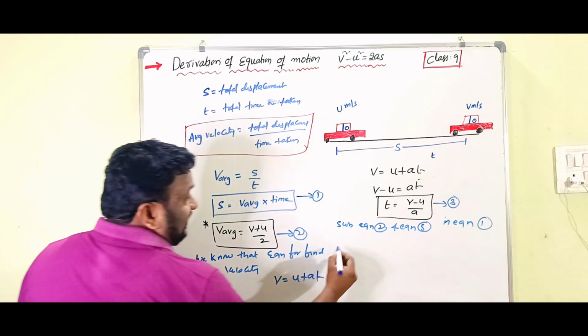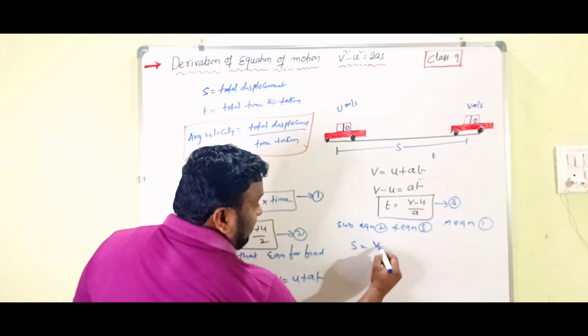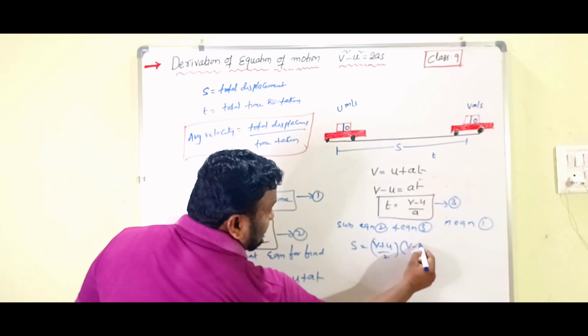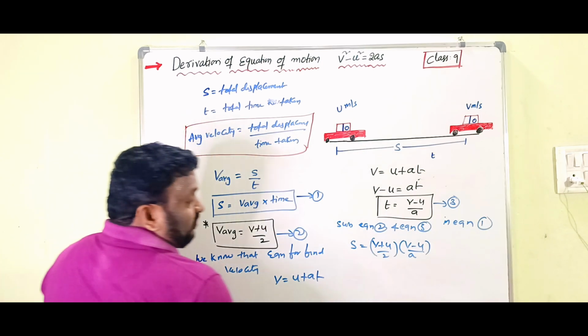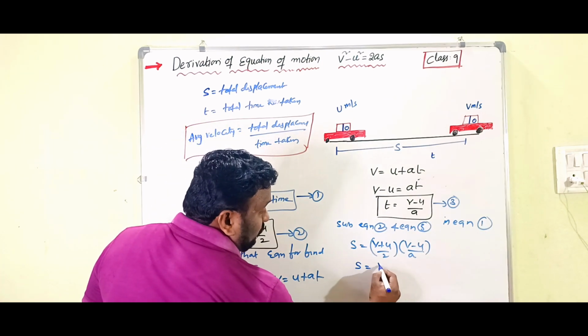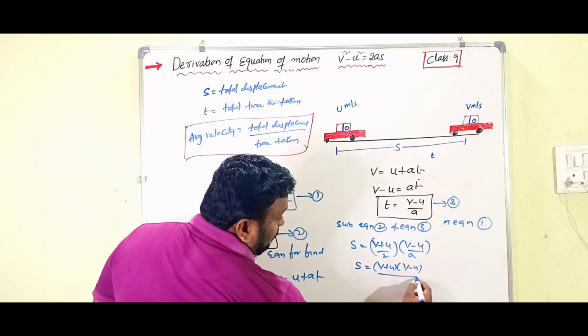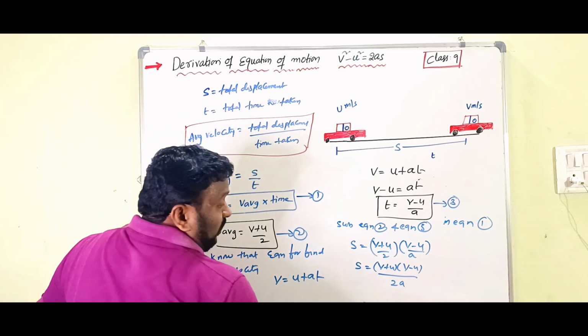What is it, children? s is equal to v average, which is v plus u by 2, into t, which is v minus u by a. Clear? So s is equal to v plus u into v minus u by 2a.